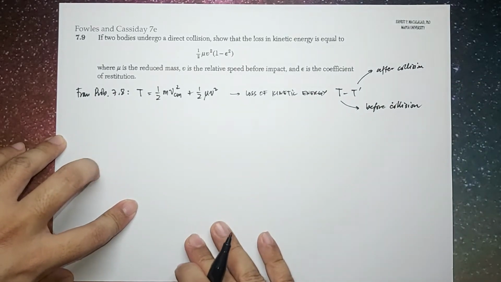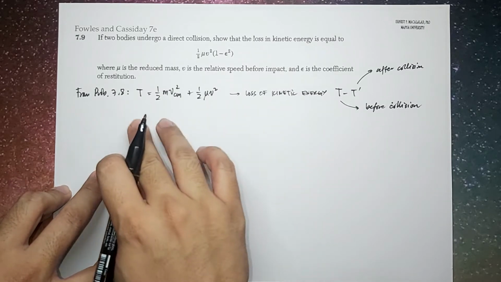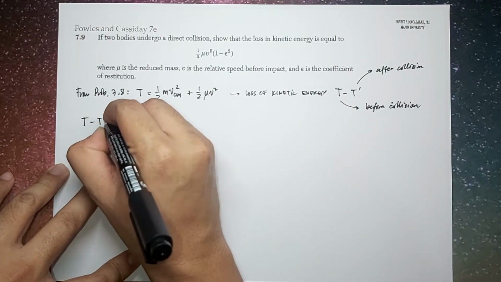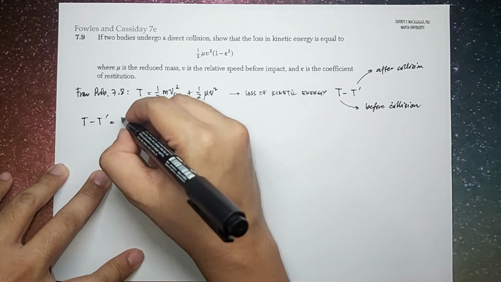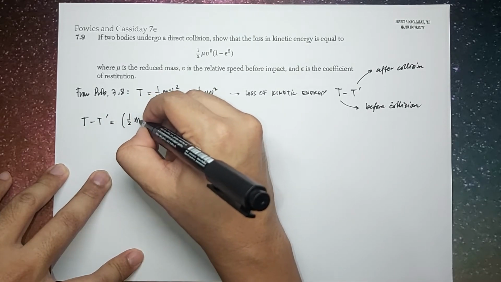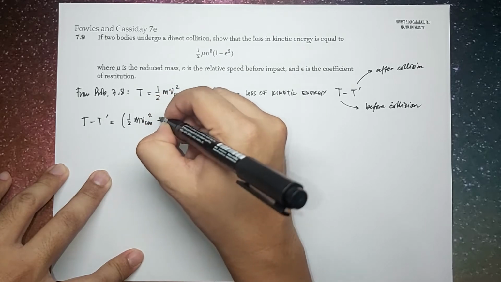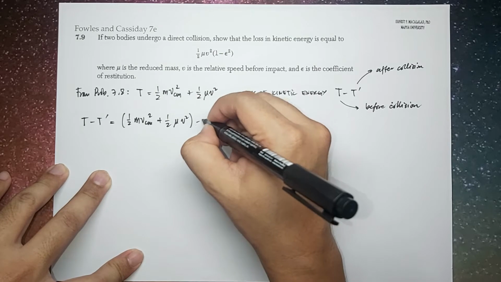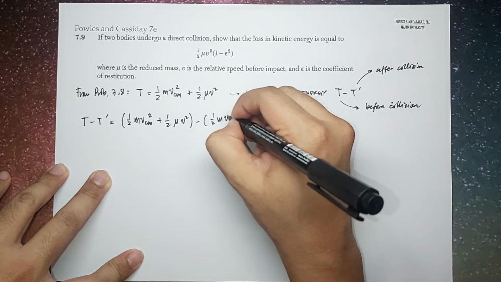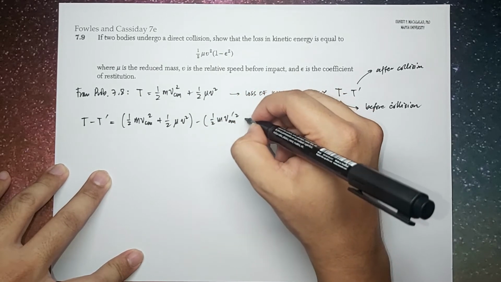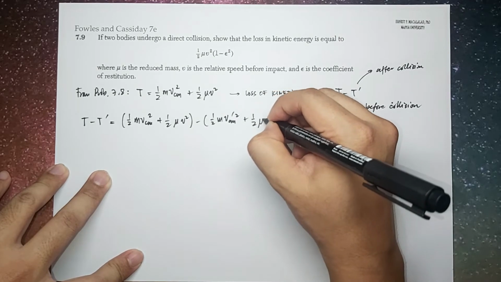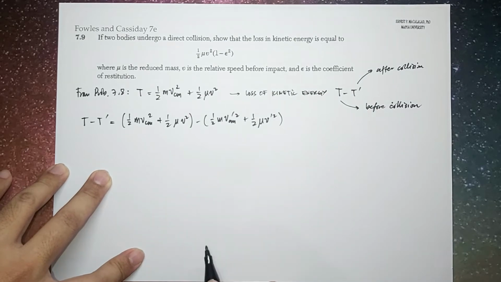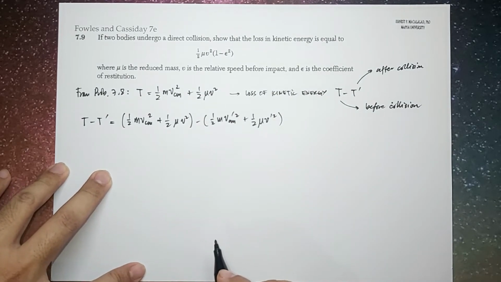Using this definition, we can now express the loss in kinetic energy as T minus T prime, which is equal to 1/2 m v_cm squared plus 1/2 mu v squared, minus 1/2 m v_cm prime squared plus 1/2 mu v prime squared, where the primes are the velocities after collision.